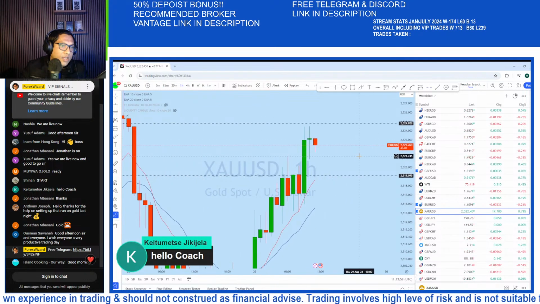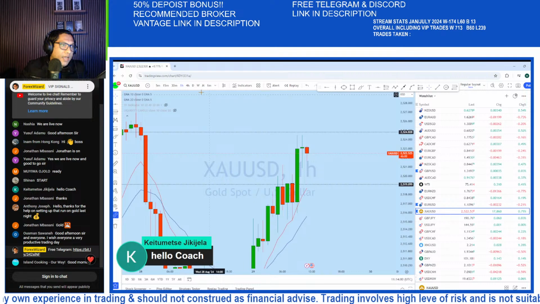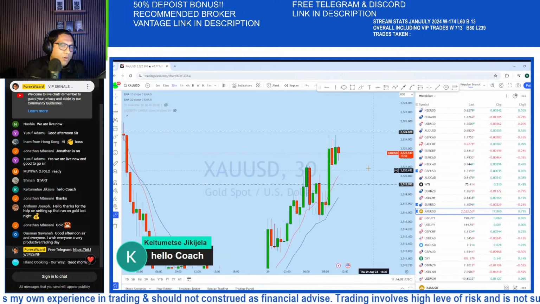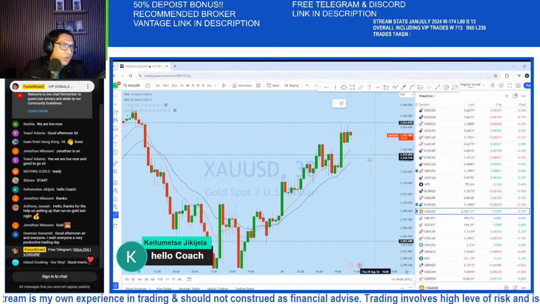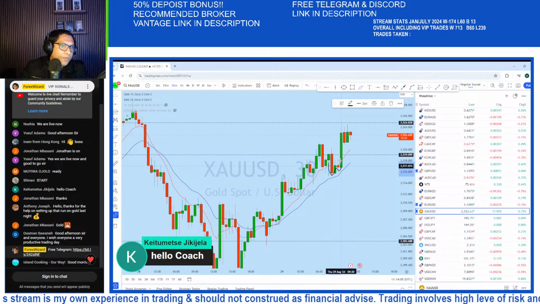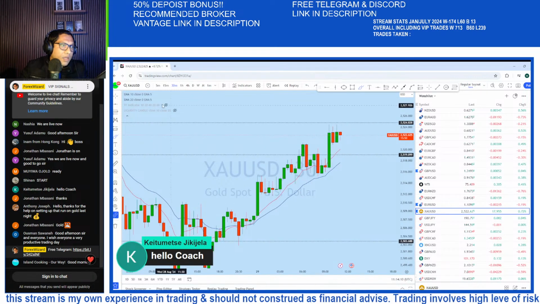And with that in mind, what we can expect on gold here, if you look at the 30 minutes time frame, this is a double bottom breakout.